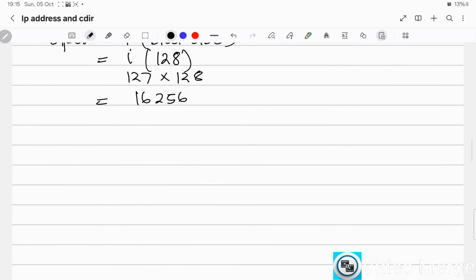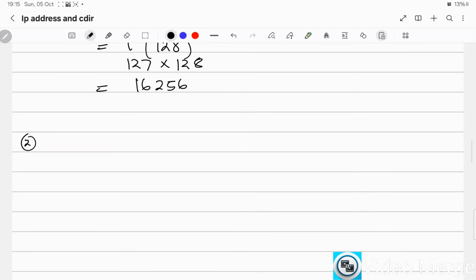Then the second thing that we need to know is converting the offset that we got to an octet. Remember when I showed you an octet, say we're given an IP address, I'm giving an example with this.